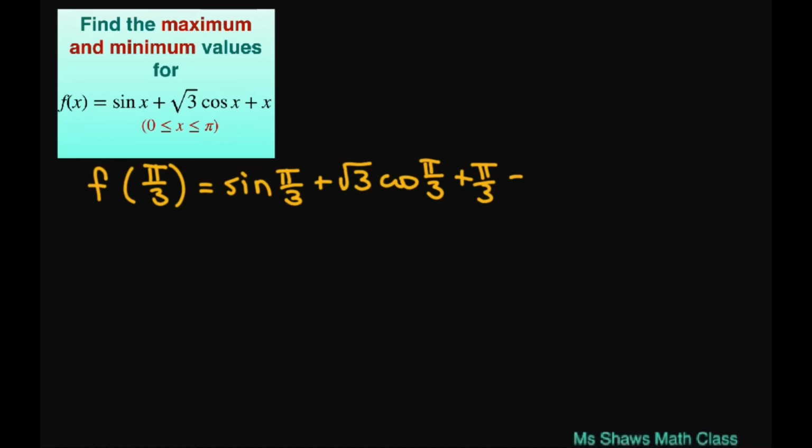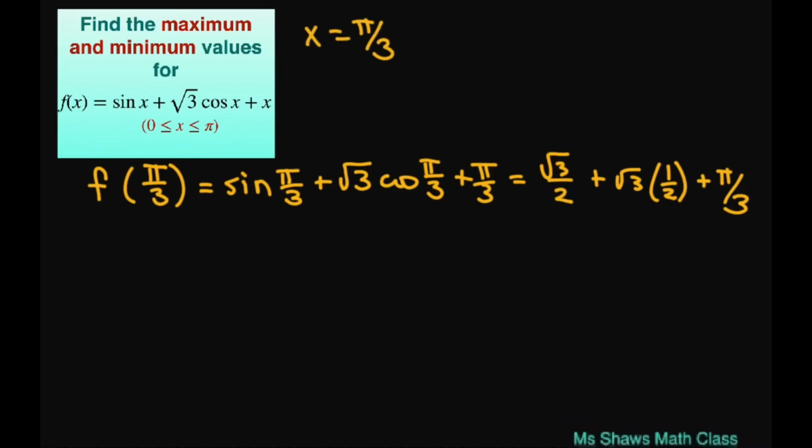This gives you square root of 3 divided by 2 plus square root of 3 times 1/2 plus pi divided by 3. So when x equals pi divided by 3, our value is square root of 3 plus pi divided by 3.